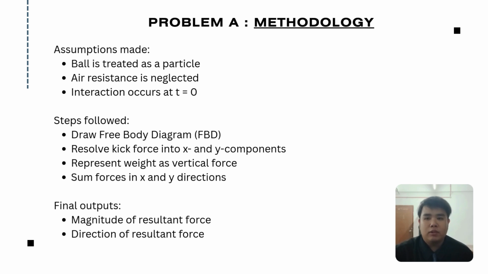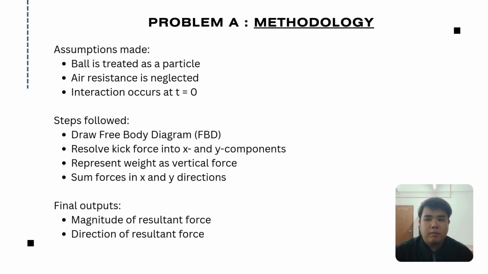To analyze the forces acting on the soccer ball effectively, we first had to establish a few engineering assumptions. First, we treated the ball as a single particle rather than a complex shape. We also decided to neglect air resistance to simplify the calculation, and we focused our analysis strictly on the instant of impact, with time equals 0.